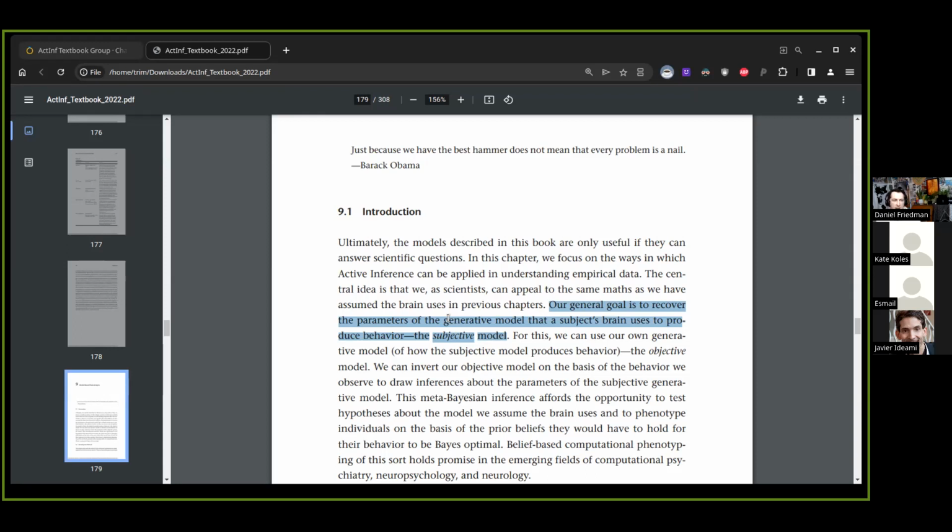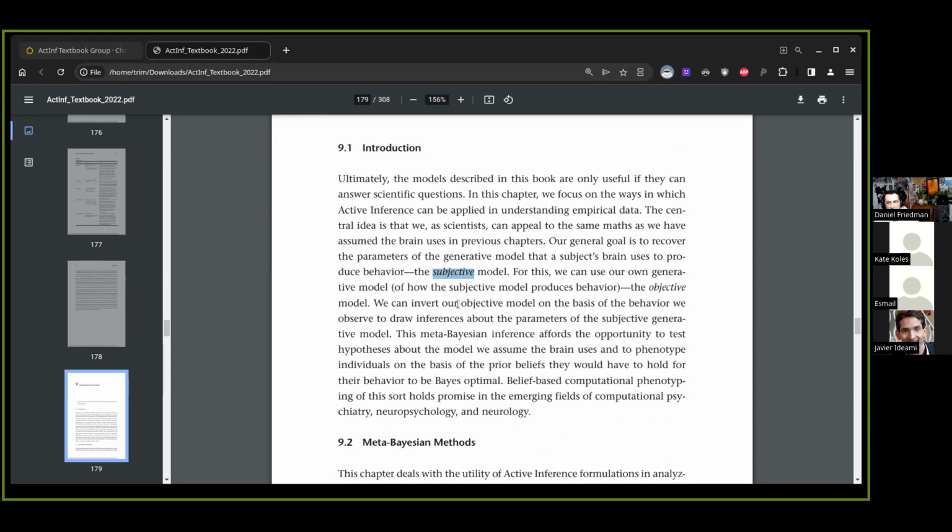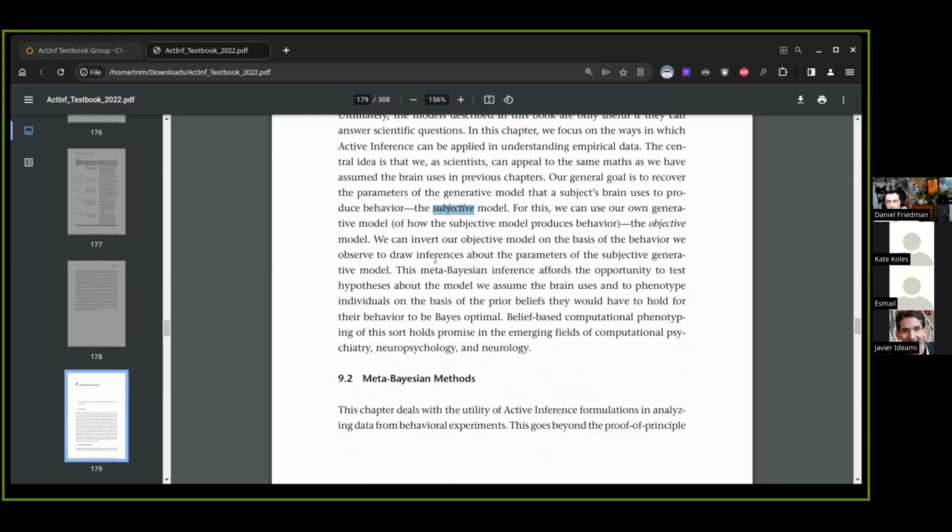But if you wanted to say, how frequently does the baby transition between happy and unhappy? In that case, you need to parameterize aspects that are not directly observable, but are based upon observables. And that's subjective because it's about a subject. So we'll talk about subjective and objective models.